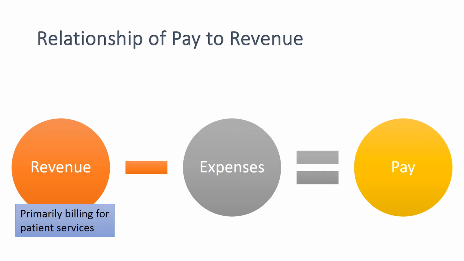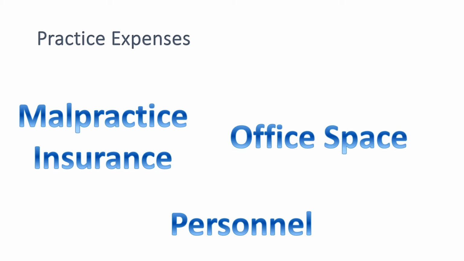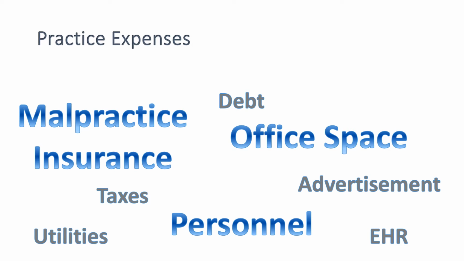So the relationship of pay to revenue is revenue, primarily through billing for patient services, minus expenses equals pay. These expenses are things such as malpractice insurance, office space, personnel, debt, taxes, utilities, advertisements for new patients, the electronic health record, and other expenses.